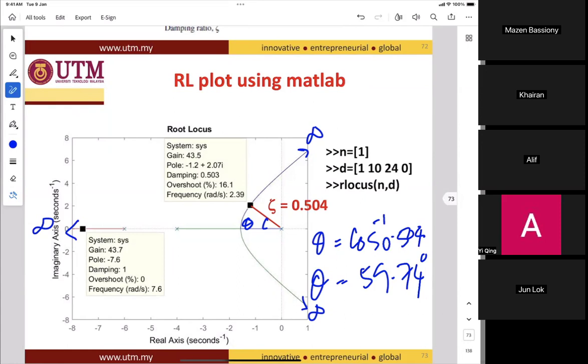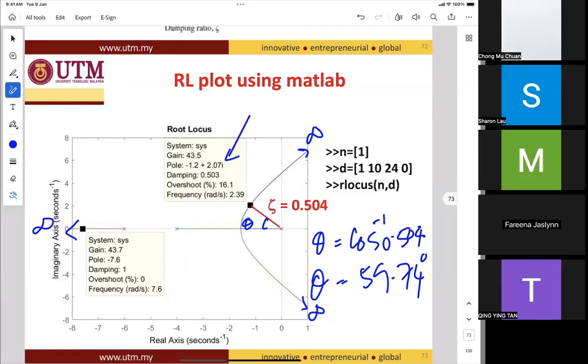As shown, what is the dominant pole value? Negative 1.2 plus j 2.07. Okay.